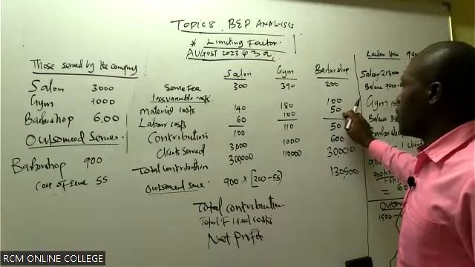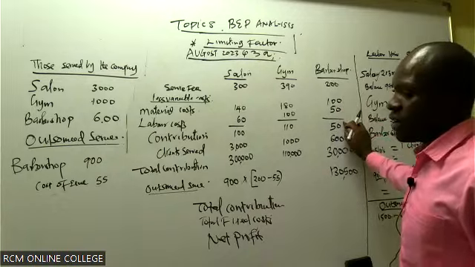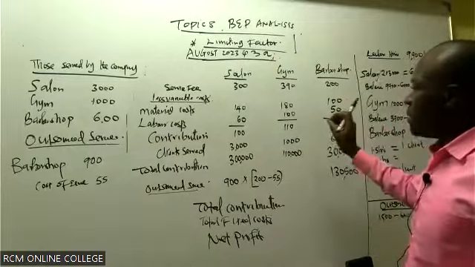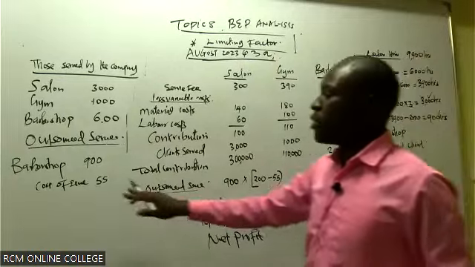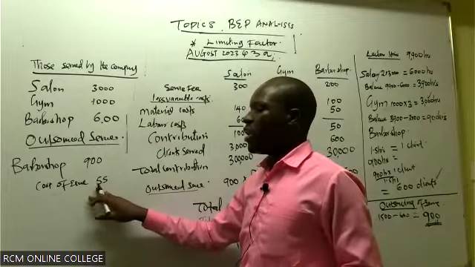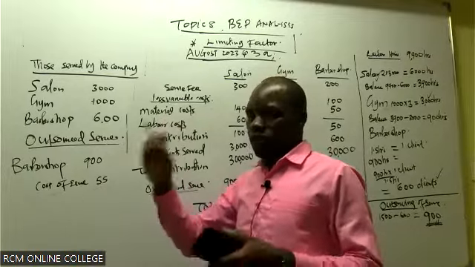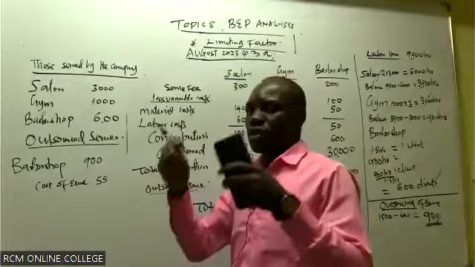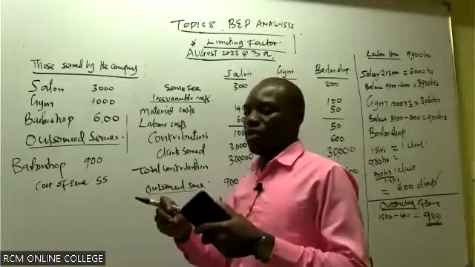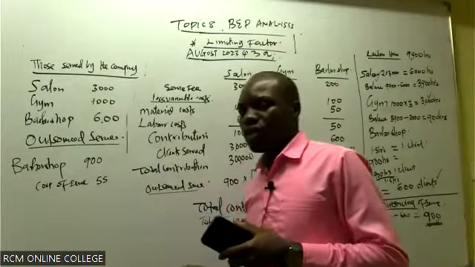So 200 minus 150, we are giving 50. When this person went to the store, he was told to pay 55. He paid that 55. So that is the cost.